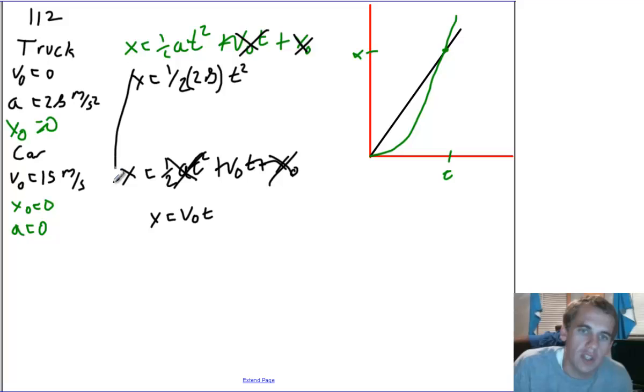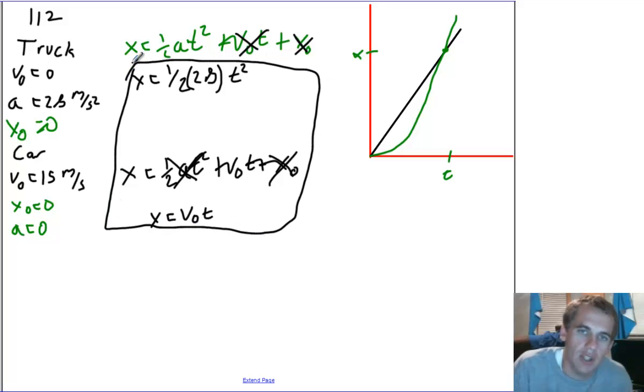Okay? Now what I'm really interested in is where these two things are in the same place at the same time. So I'm going to take these equations and set them equal to each other. I need 1/2 times 2.5 t squared to equal v naught t.